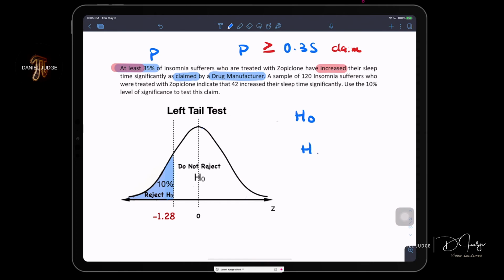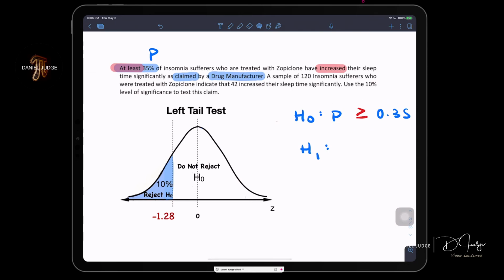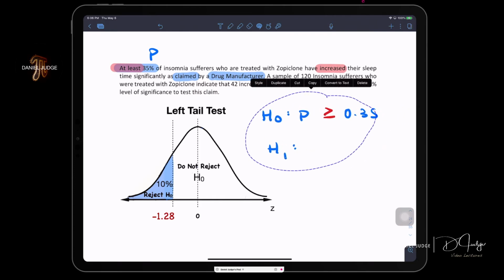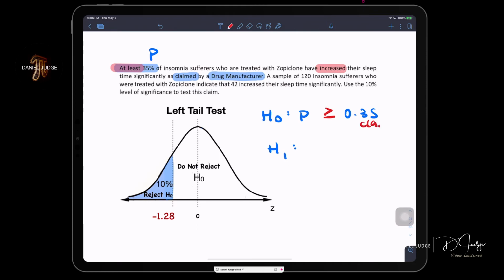H0, H1. So at least 35%, that's what they're doing to you. I have to look at this and decide, is that a null or an alternate? Because it has a condition of equality, it goes in the null, and I'll put claim right next to it.